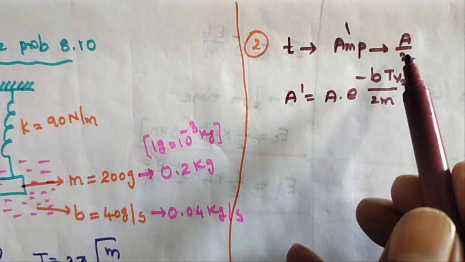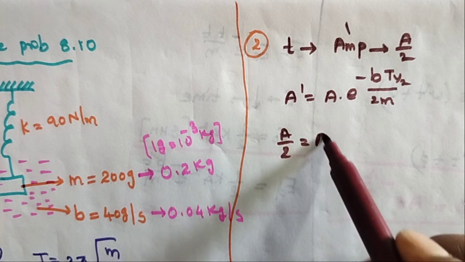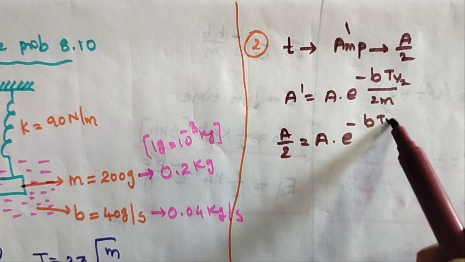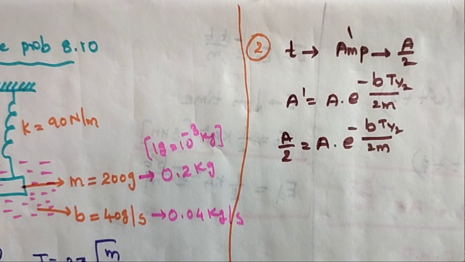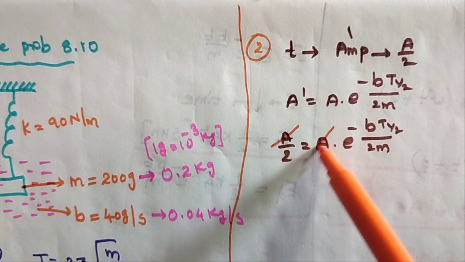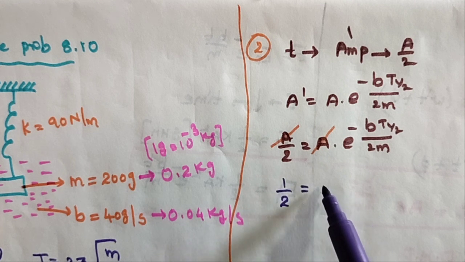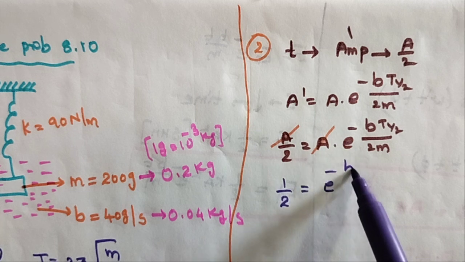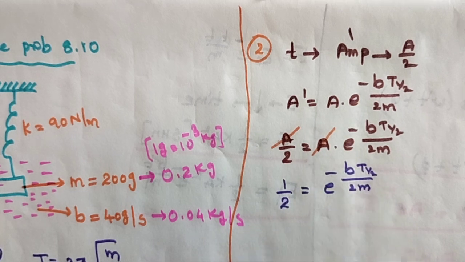And what is A dash? Half of the amplitude. A by 2 is equal to A into e power minus b t off by 2m. Here A cancels. So the equation is 1 by 2 is equal to e power minus b t off by 2m.